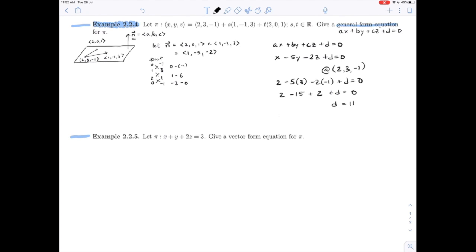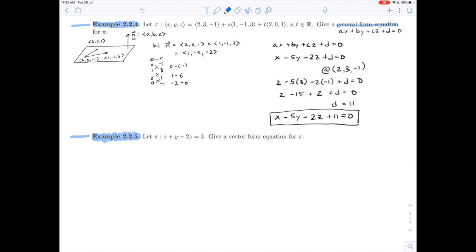And so we can give our equation as x - 5y - 2z + 11 = 0, or you can move that 11 over to the other side to -11 if you want to. So there's example 2.2.4.